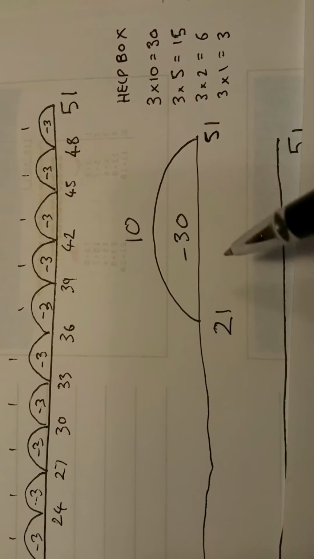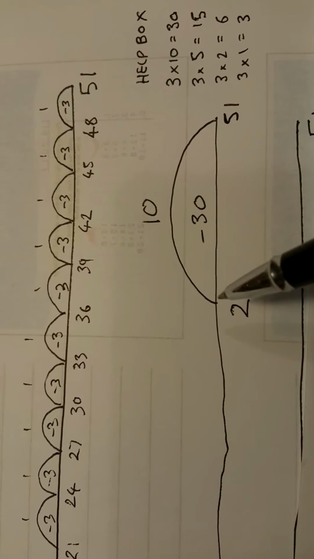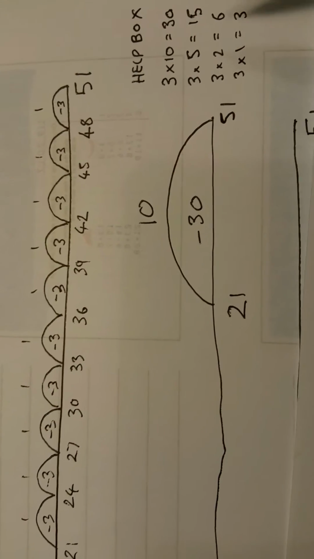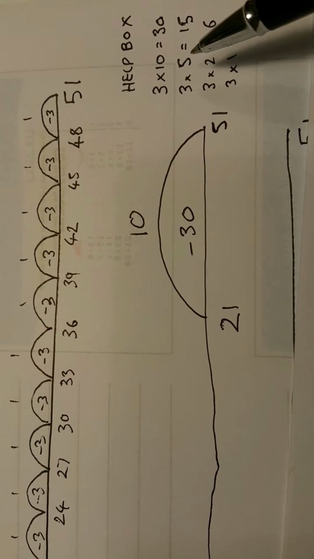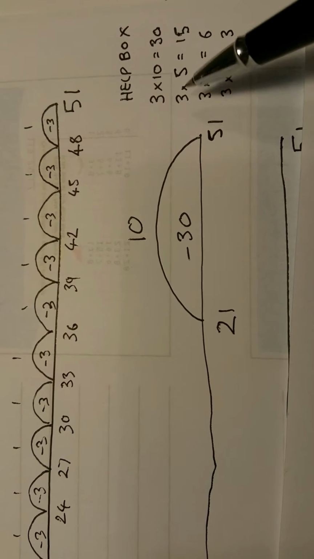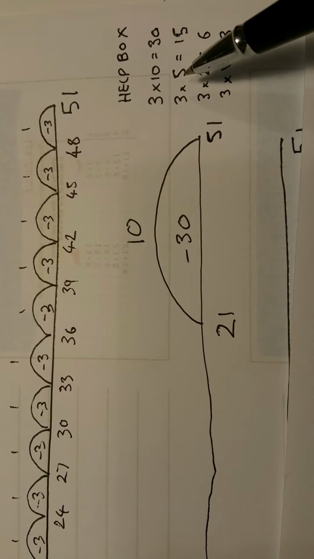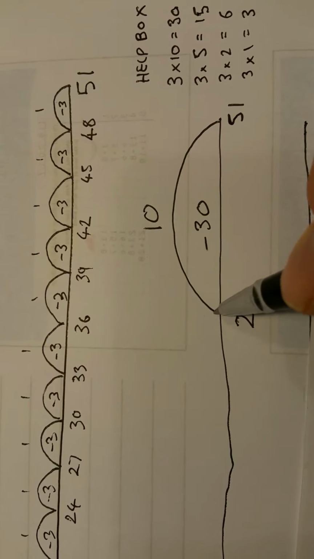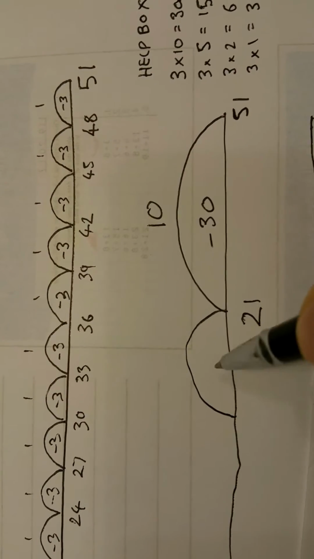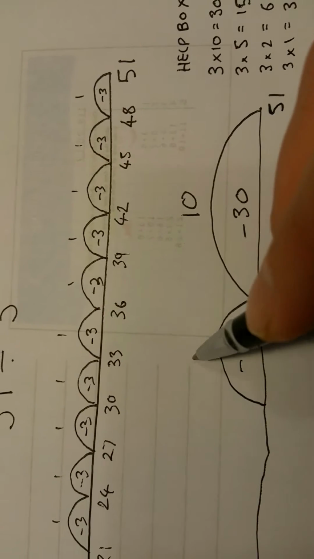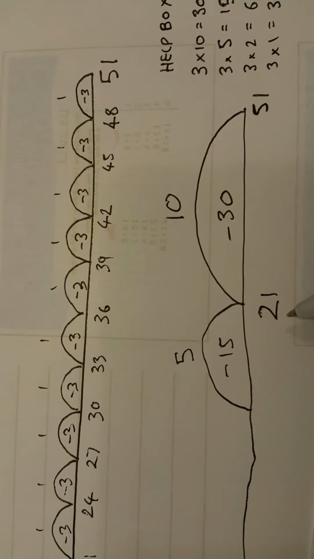So if I look at my help box, instead of just taking 3 out to 18 and another 3 out to 15, I could take another chunk, a bigger chunk, and I know that I can take out 5 lots of 3, and that would take out 15 in one go. So I can go down by 15, and that is 5 lots of 3.